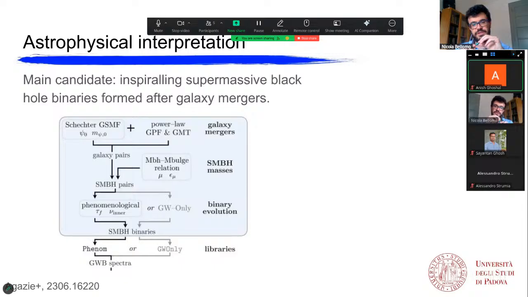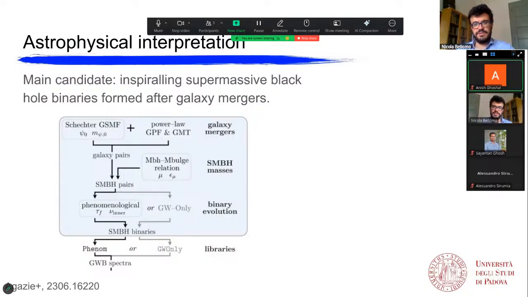And then you have to introduce some mechanism that, after the merger of galaxies, is strong enough to bring the supermassive black holes closer, let's say below parsec distance. And from that point onward, gravitational wave emission is driving forward the mergers. Of course, details of the kind of orbits of the binary also enter in the picture.